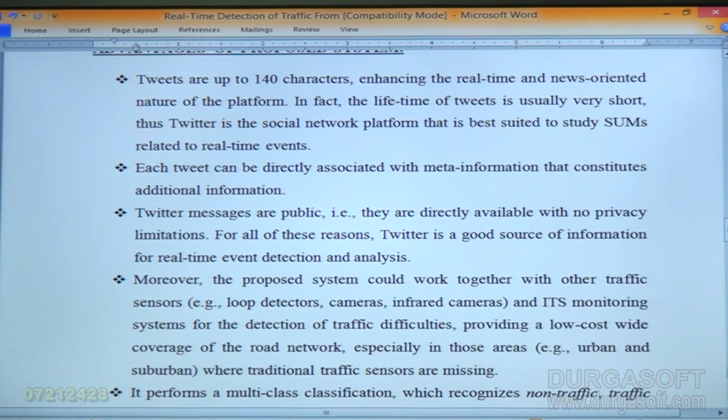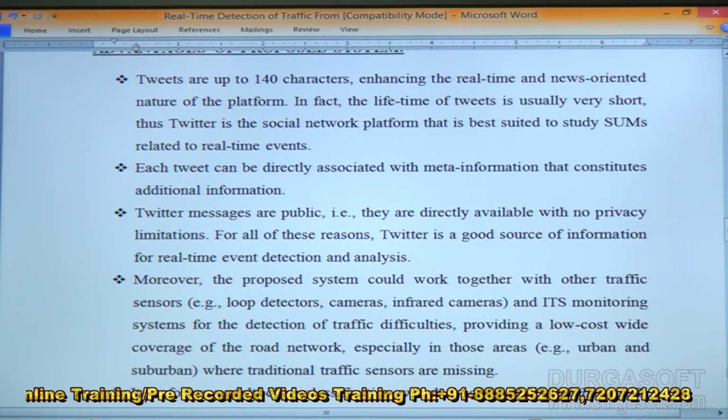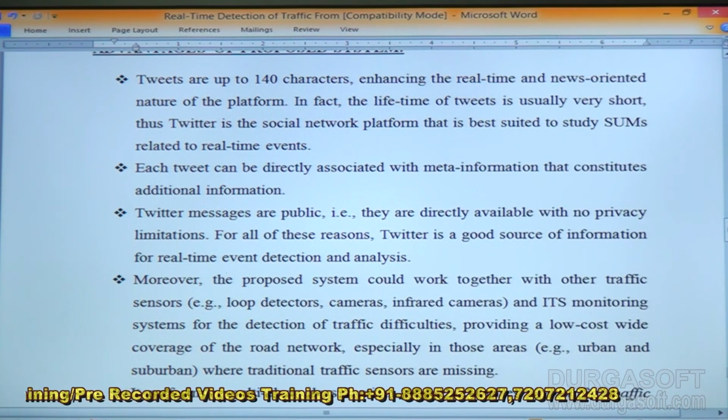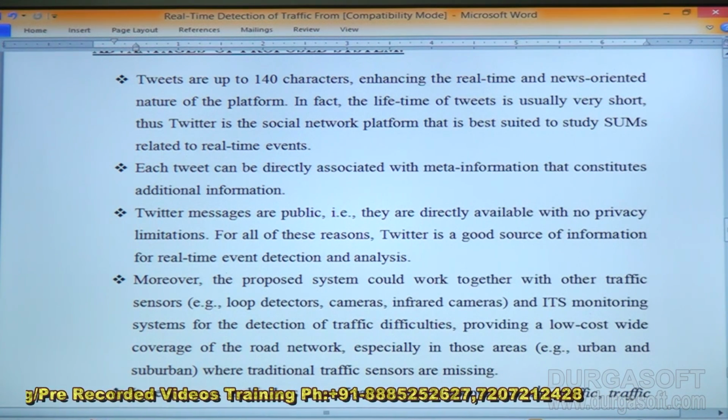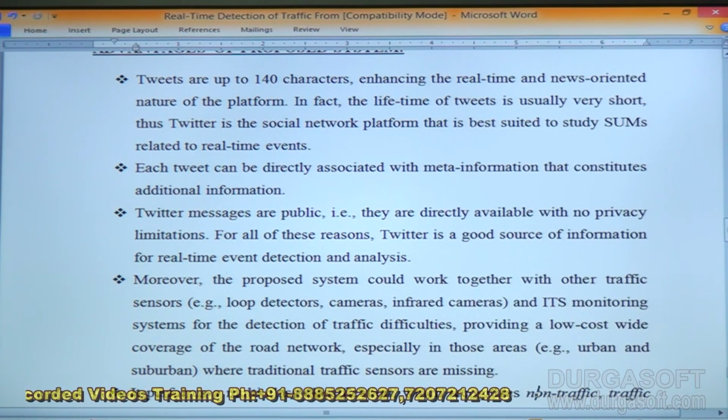Because all the data which you are posting on Twitter is public only. There is no access restriction. Anyone can read your tweets. Some people may say it is an advantage, some may say it is a disadvantage, but whatever people say, for our research purpose, for event detection and analysis, Twitter is a very good source.